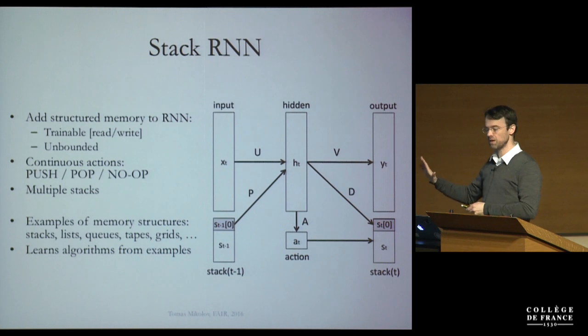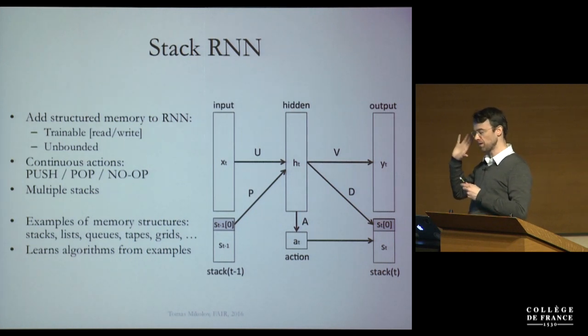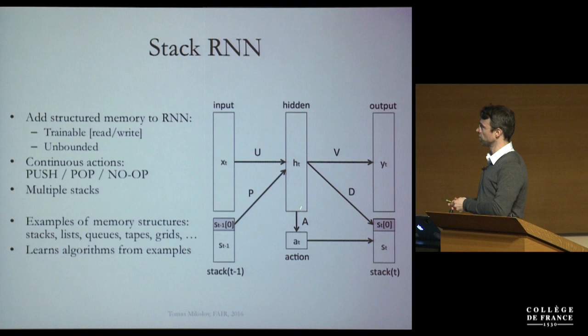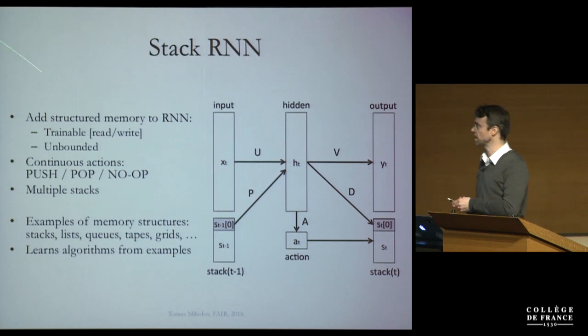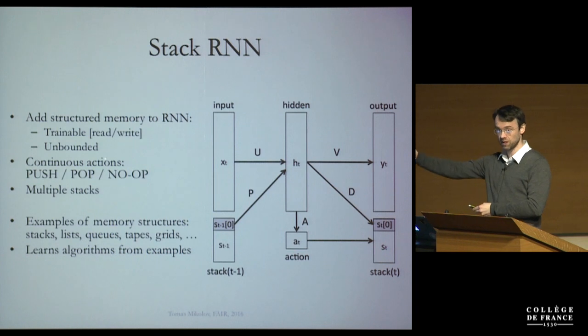Now the key point is that they have to train the model so that it learns how to use this stack interface. There's no explicit label saying, okay, at this time step you should store something on the stack.